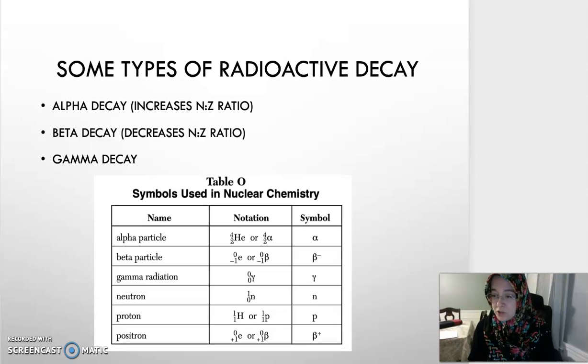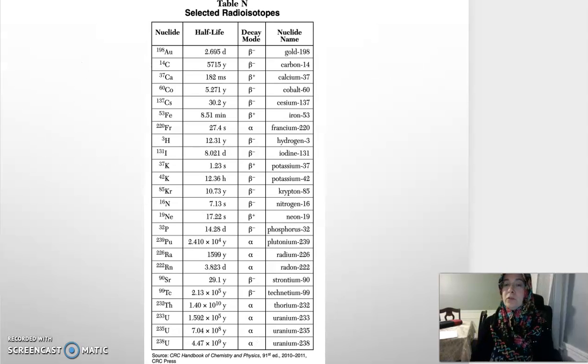All the radioactive element reactions are also given to you in Table N. For example, gold. If it is the gold-198 element, it's going to go through beta minus decay.